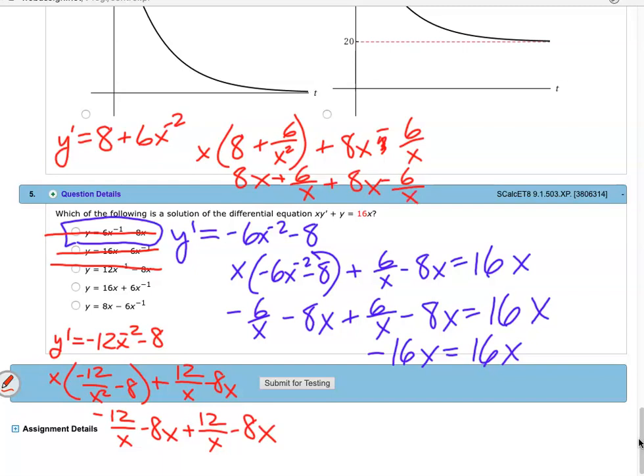It is the last one. If you are doing this, look for one where this first number, I'm guessing, is going to be half of this number there, and then yours minus something to the negative first.